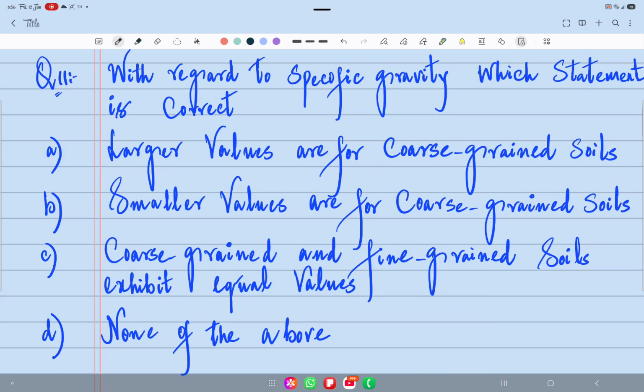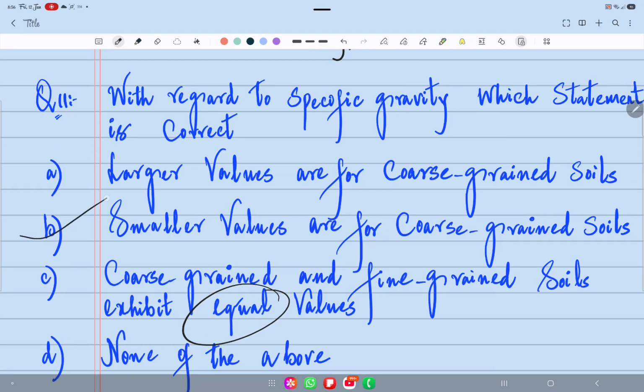Larger values for coarse grain soils, smaller values for coarse grain soils, or fine grain soils and coarse grain soils exhibit equal values, or none of the above. We just studied that the values for the specific gravity are generally smaller for the coarse grain soils. So option B is the correct answer.